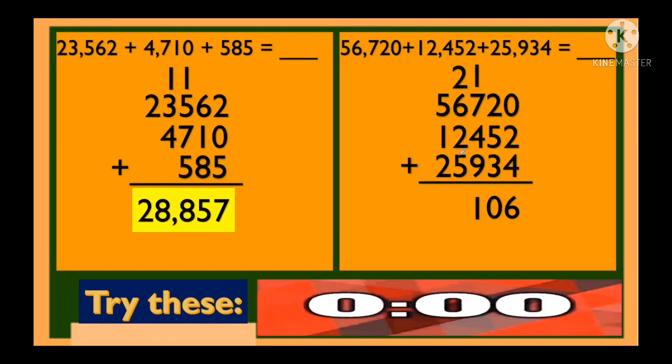Very good. 10 plus 5? Good job. It's 15. So 5 here and 1 up there. 1 plus 5? 6 plus 1? 7 plus 2? 9. Very good. Now, so our final answer or the sum of those three numbers is 95,106. Did you get a perfect score?